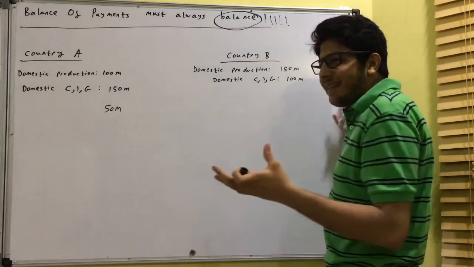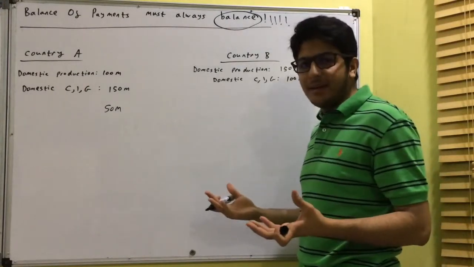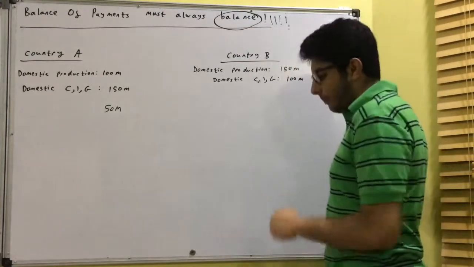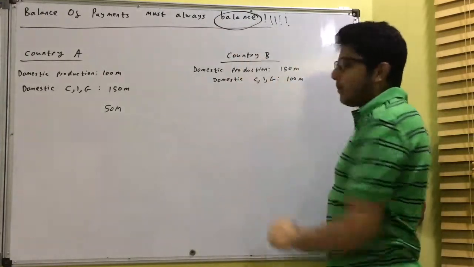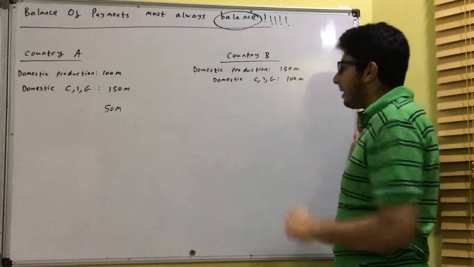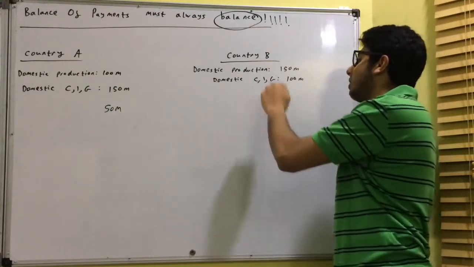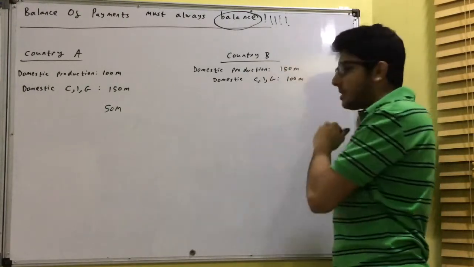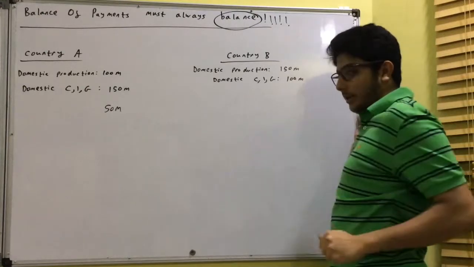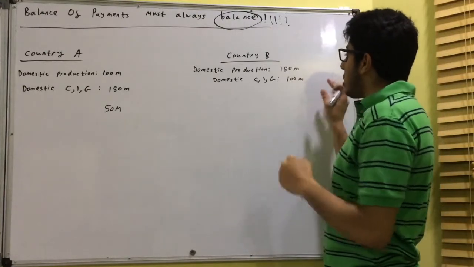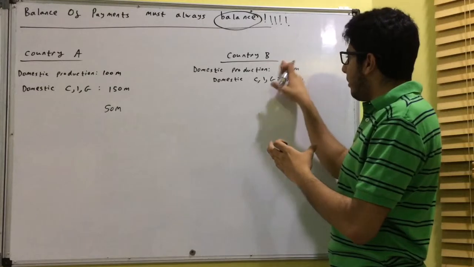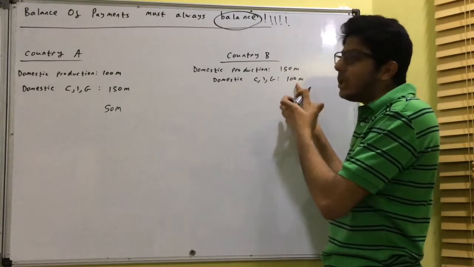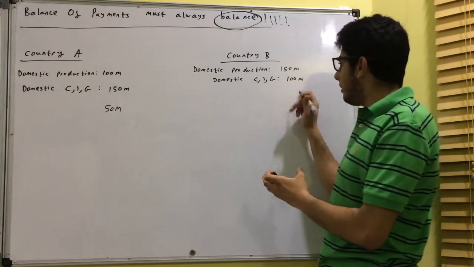But it has to get that 50 million from somewhere, right? Let's look at Country B. Domestic production, 150 million. Domestic consumption, investment, and government spending, 100 million. So it's earning more than it's consuming by 50 million.